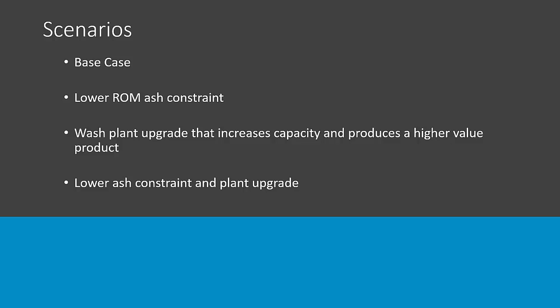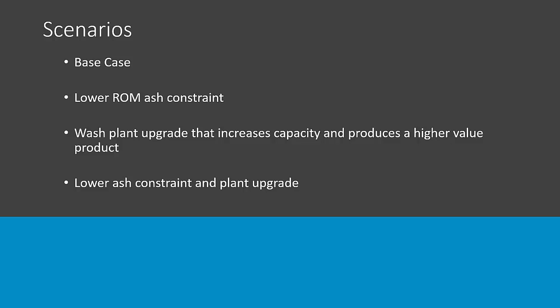Next, we're going to have a wash plant upgrade that's going to increase the capacity that I can send through the wash, as well as produce a higher value product if I upgrade in order to sell at a higher price. And we get around that ash because we're doing it through the washing process. Then once we've looked at those 2 comparisons, we're going to have a final scenario that combines both.